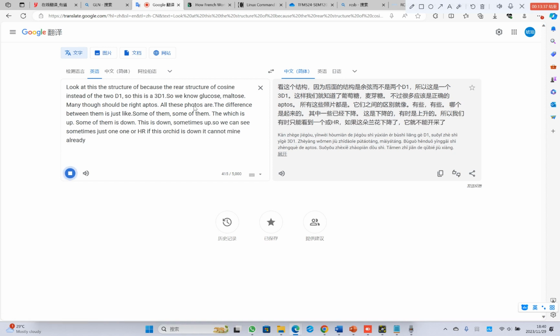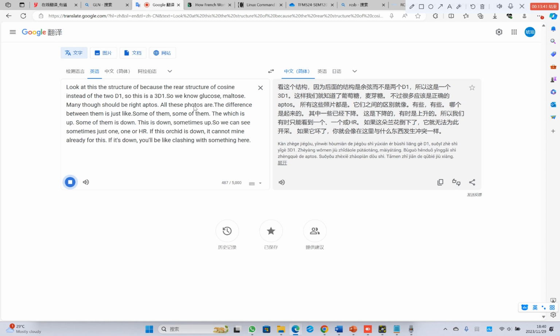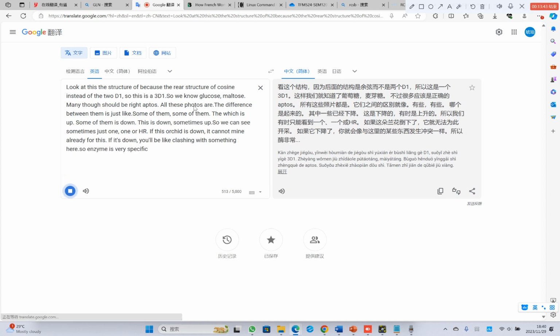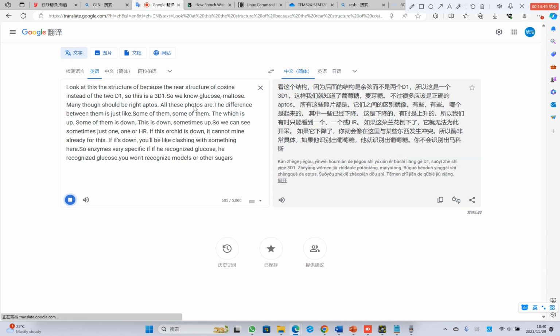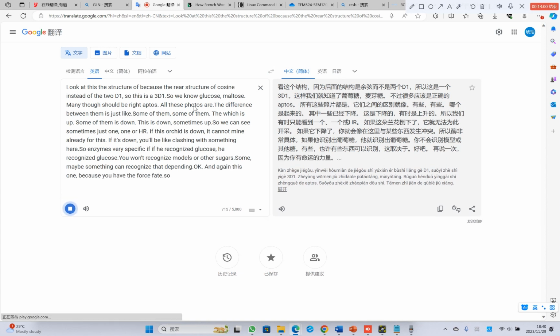For this, if it's down, it'll be clashing with something here. So other sugars depending. Okay, and again, this one, because you have the phosphate, it specifically recognizes glucose 6-phosphate.